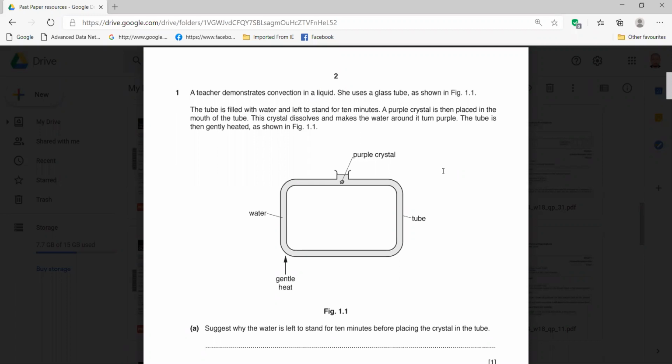This one we can say more precisely: convection occurs in fluids, right? Gas and liquid both are fluids. So we can use a common word that convection occurs in fluids.